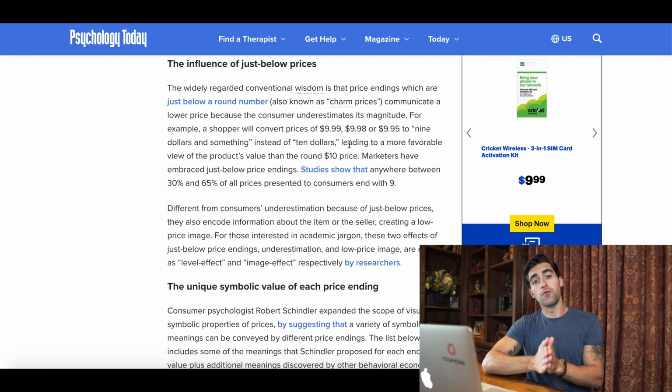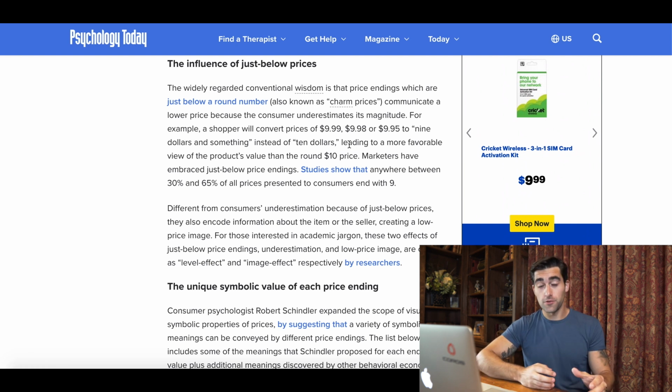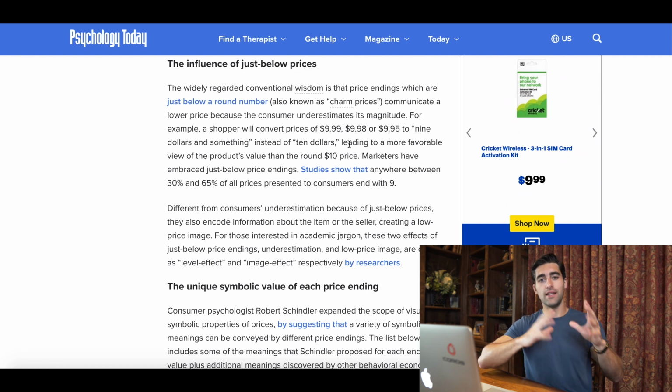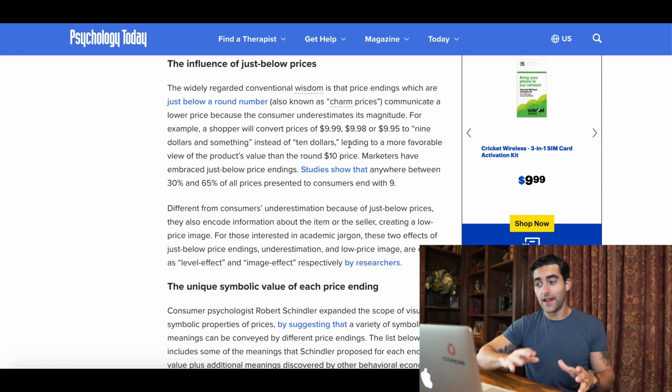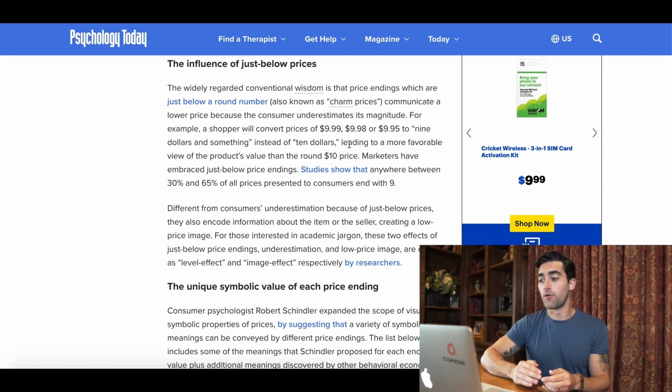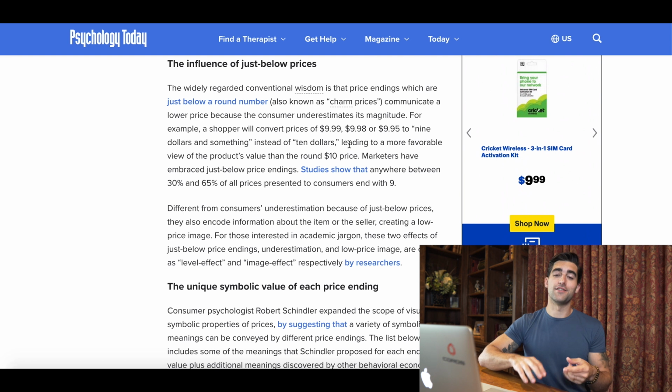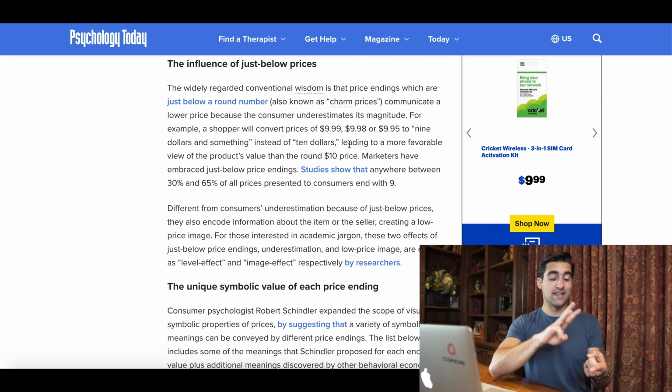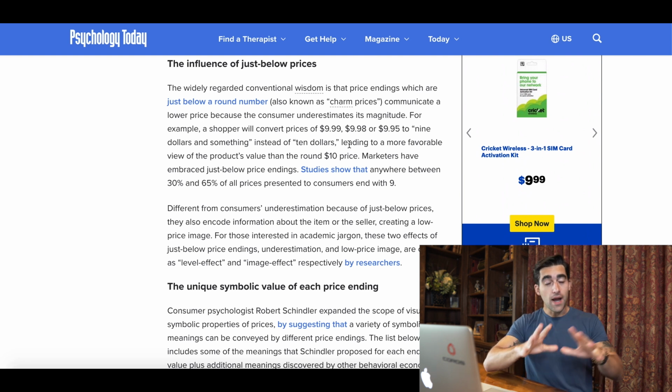And if you've done the right things and you've branded your store right, and really made a professional looking store, really clean, you've got the clean logo, the clean name, all of that, but then you have random endings to your prices, it's instantly going to throw that off. So me personally, I suggest ending all your prices in 99 or 95. Now you might not want to do that.